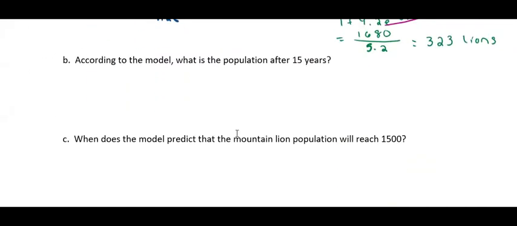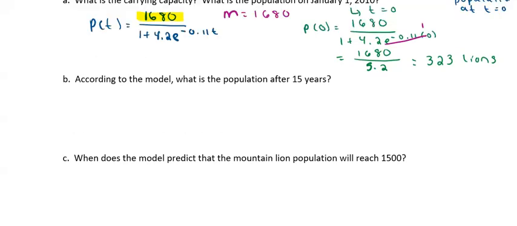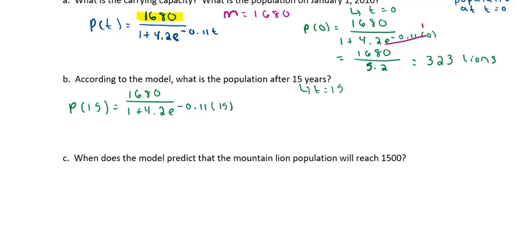According to the model, what is the population after 15 years? So we need our population after 15 years. So that means that T is 15. So P of 15 in this case, I'm using our population model from the question: 1680 divided by 1 plus 4.2 e to the negative 0.11 times 15.